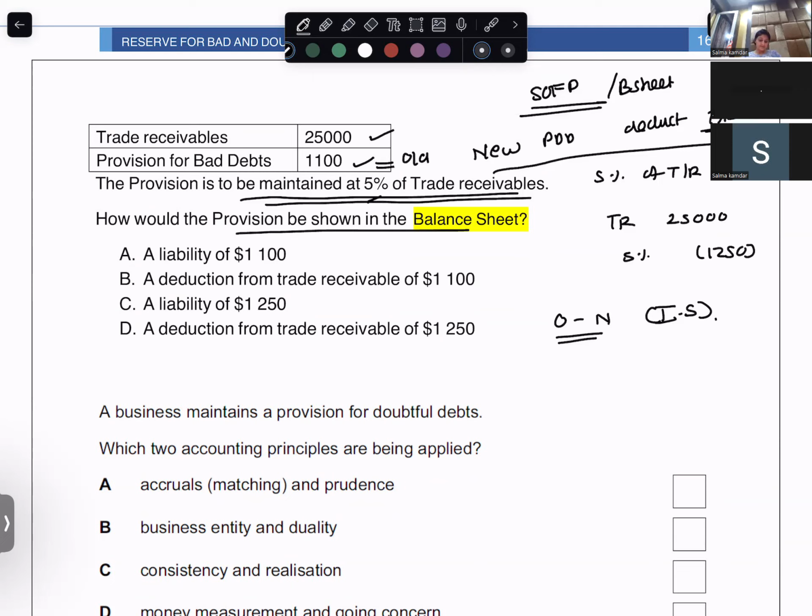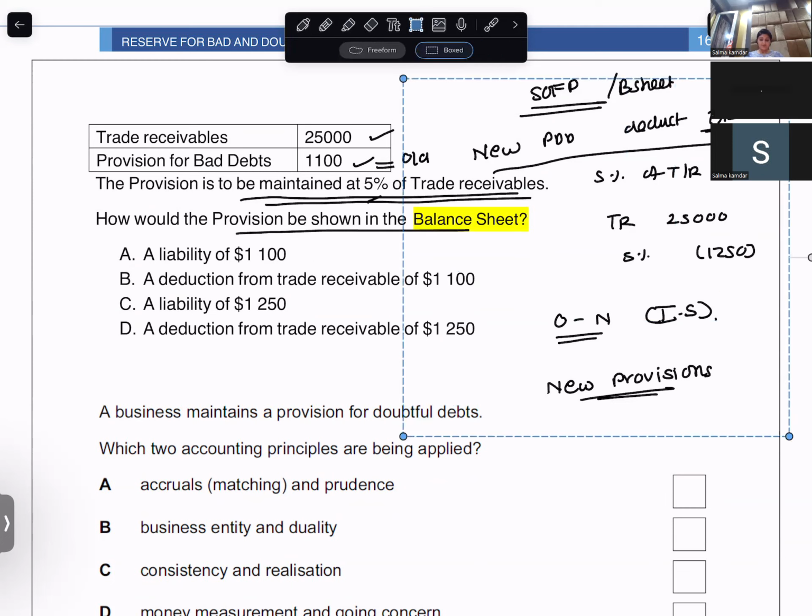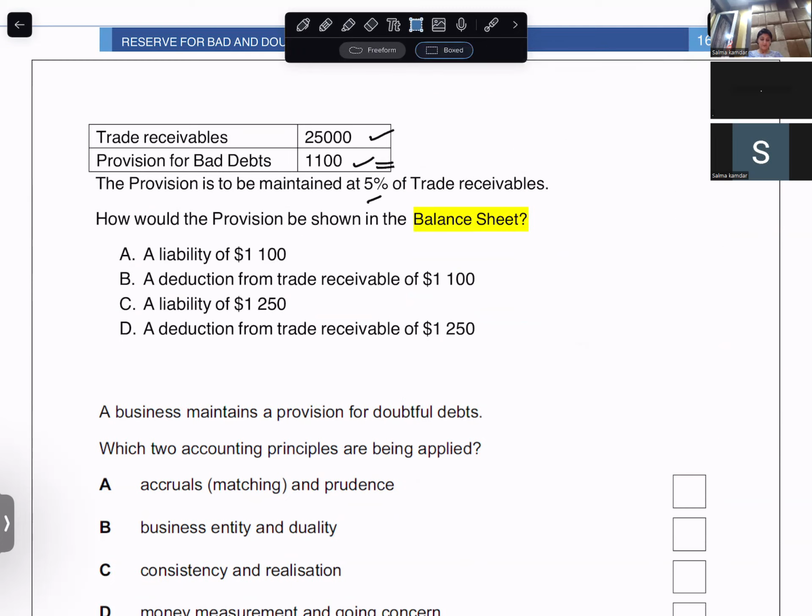The old provision is 1,100. The new provision is how much? 25,000 into 5%.